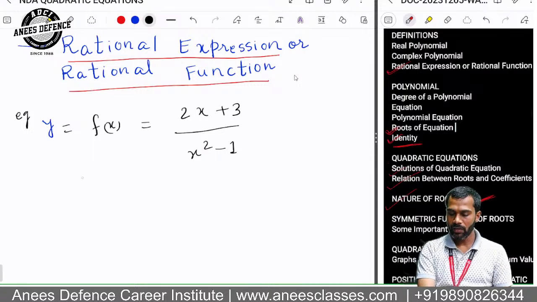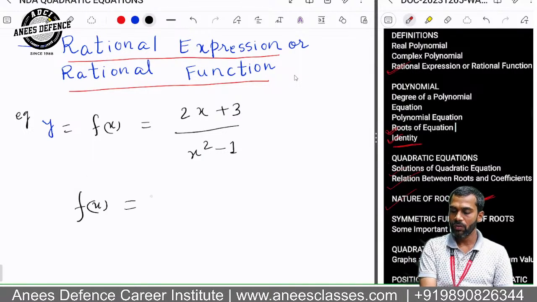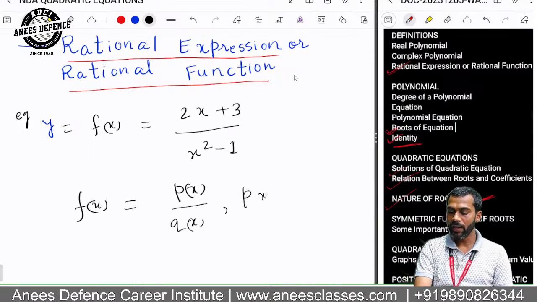So I can say rational expressions are of the form f of x is equal to p of x over q of x, isn't it? Where p of x and q of x are polynomial expressions.